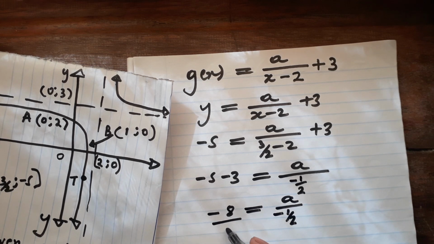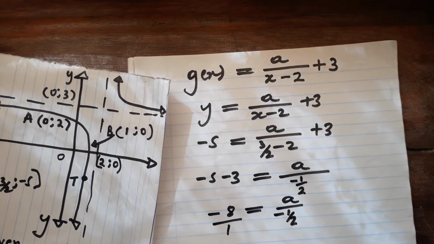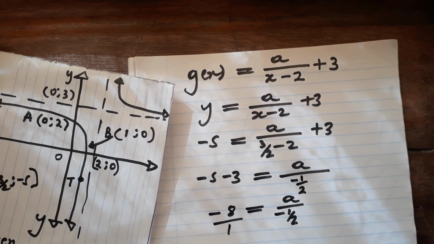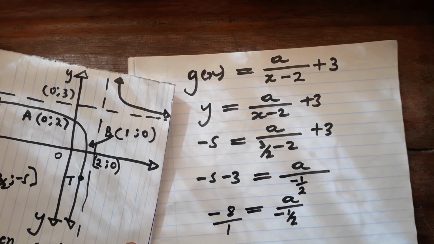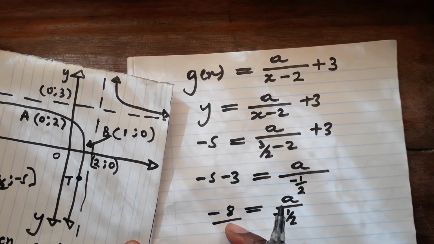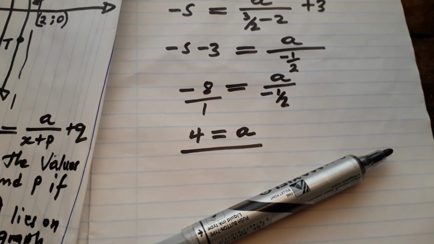What do you do next? You introduce a denominator here, and then you cross multiply. This one times this. -8 multiplied by -1/2 is going to give you +4, so the value of a is equal to 4.